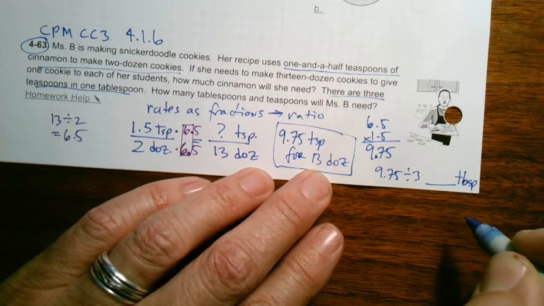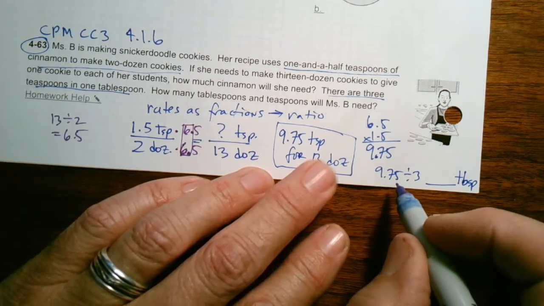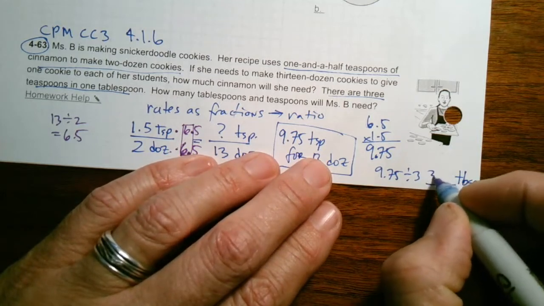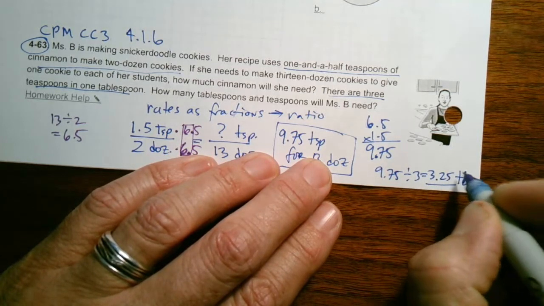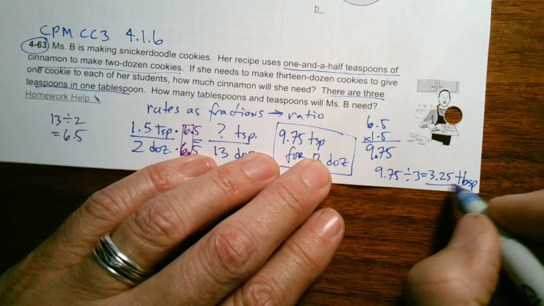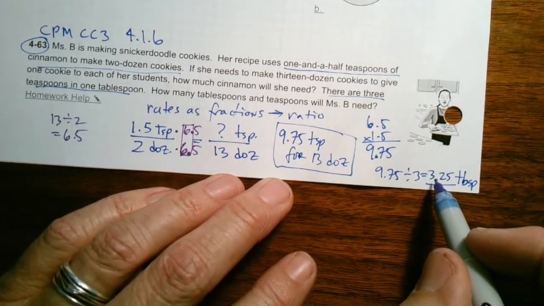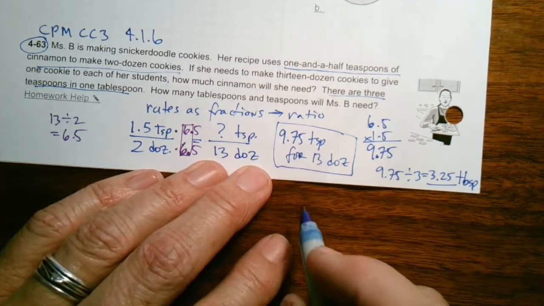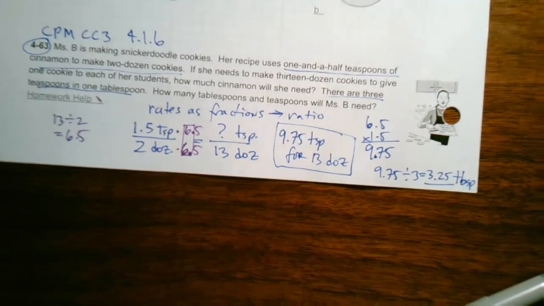When I do that division, I get 3.25. So there are 3.25 tablespoons and 9.75 teaspoons. All right, there we go.